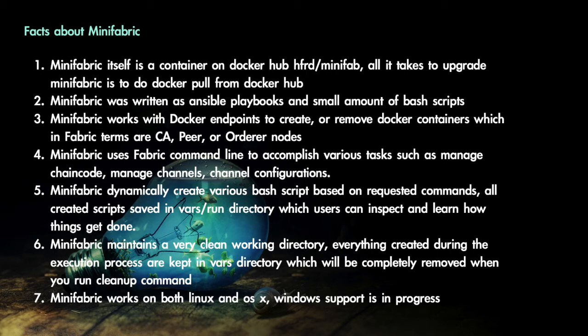These containers in Fabric terms are CA, peer, or orderer nodes. Minifabric uses the Fabric command line to accomplish various tasks such as managing chaincode, channels, and channel configurations. It does not use any SDKs such as the Go, Python, or Node SDK.